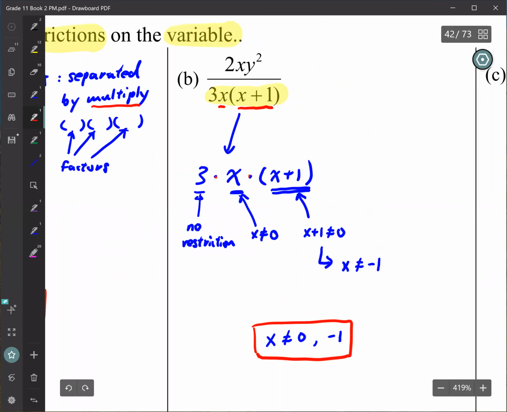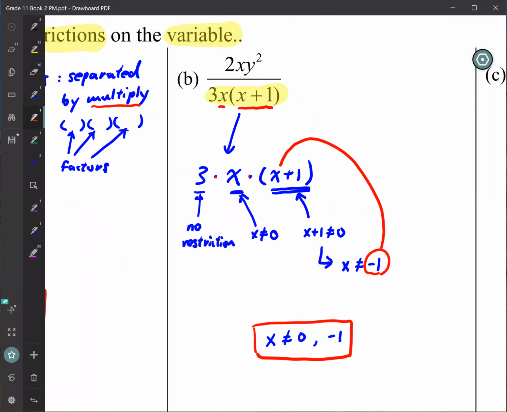If I grab the -1 and plug it into the x, what happens when it plus 1? It's 0? Yeah, it makes the bracket 0.